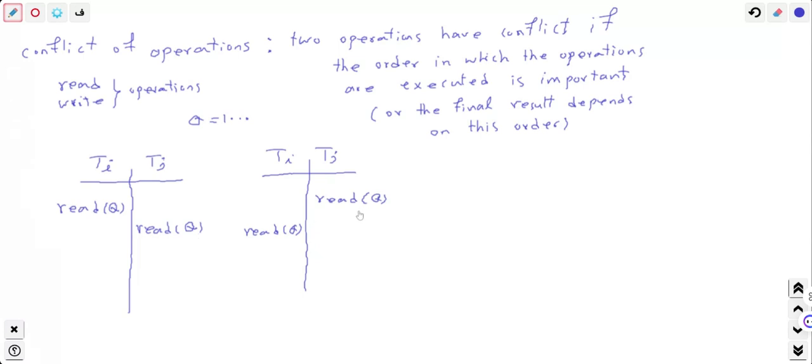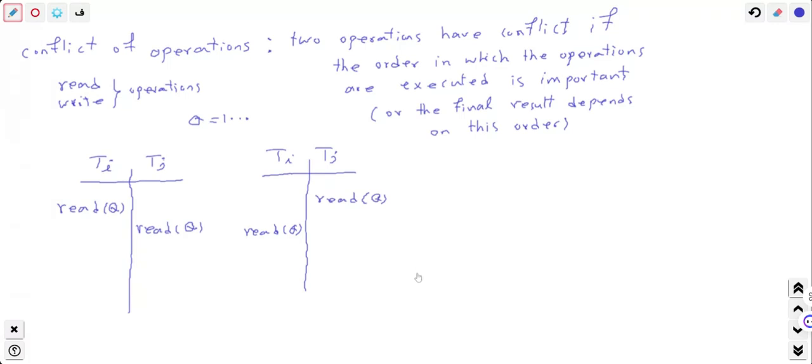In the other order, if at first Tj reads Q, the value is 1000, and then Ti reads Q and sees that the value is 1000. So is there any difference between these two orders, or is it important which transaction reads Q first?